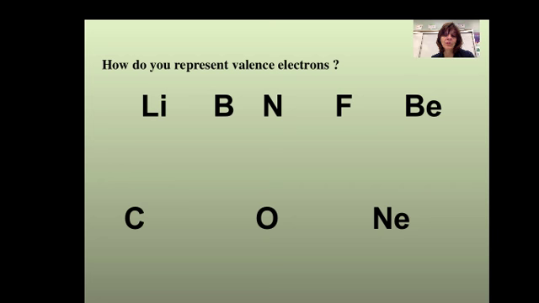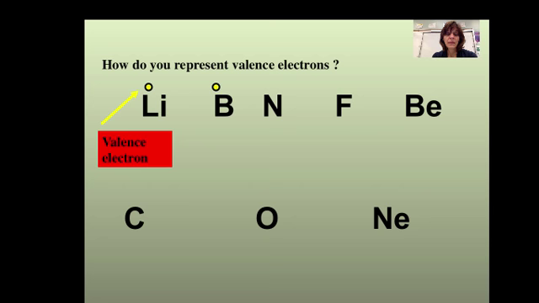Okay, we need to be able to represent those valence electrons, so we're going to show dots. You probably saw these called Lewis dot structures in middle school, and you have as many dots as you have valence electrons. So lithium, being an alkali metal, has 1 dot.